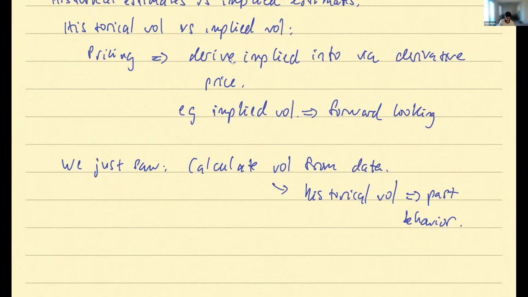I hope it's clear that the implied volatility is much more relevant, because the market is actively trading the derivative. Obviously, you don't want to look at a derivative that no one is trading, but if the market is actively trading it, that derivative price factors in their evaluation of the company and how they think it will behave into the future.